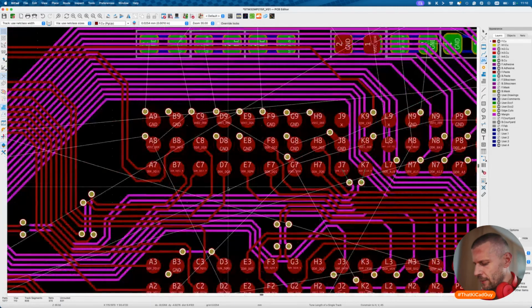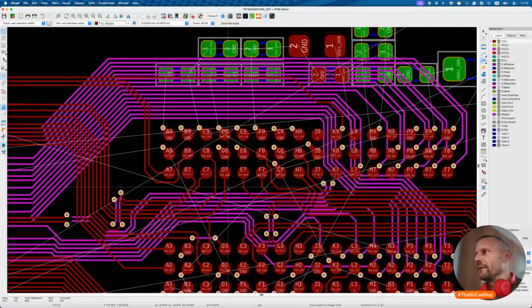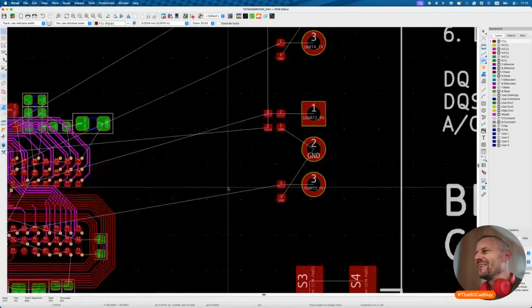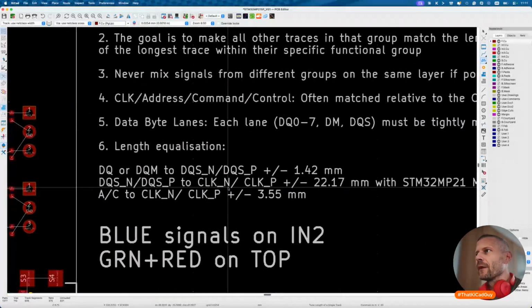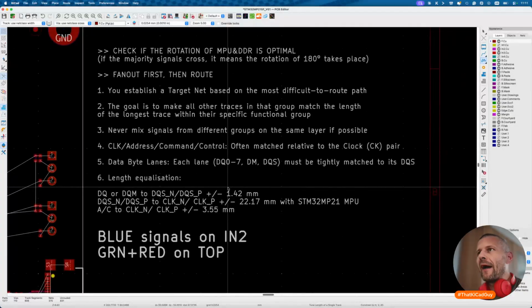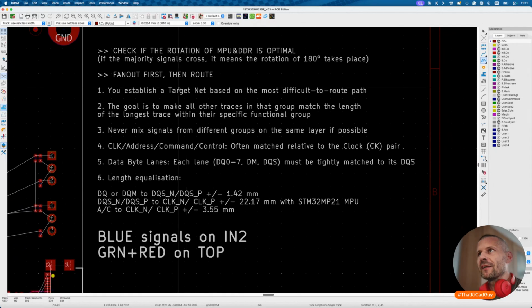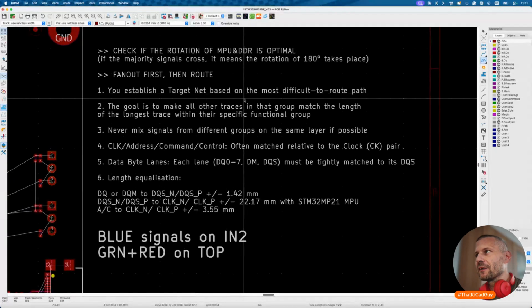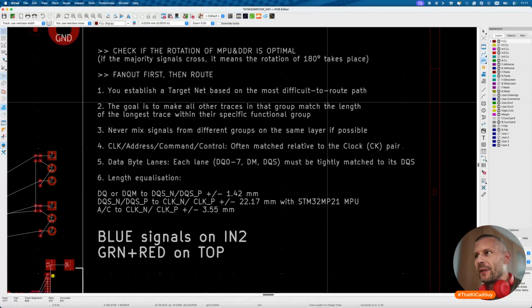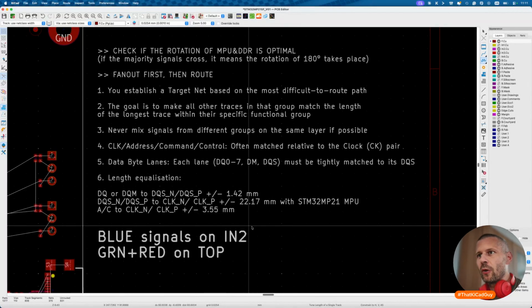It seems that the most difficult, what I wanted to say is that instead of finding the most difficult to route path globally, I would rather say that we need to establish a target net of each group based on the most difficult to route path, because of the length tune tolerance.